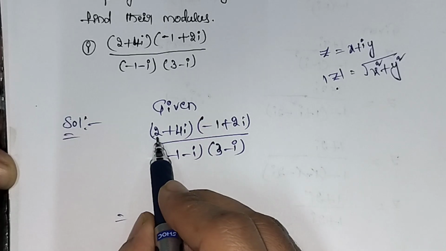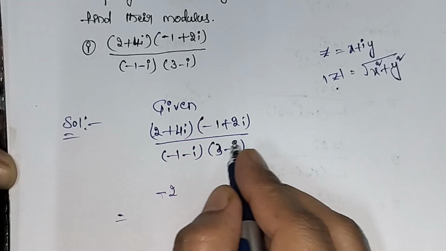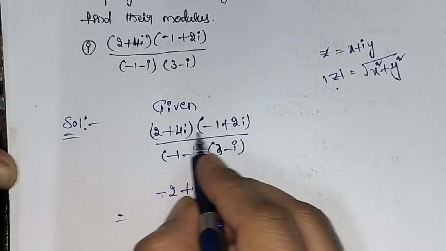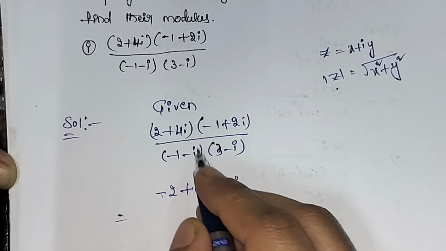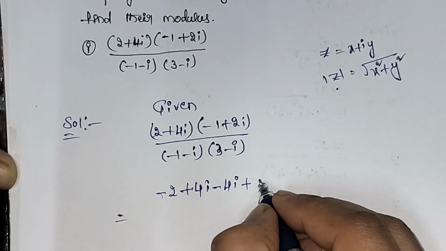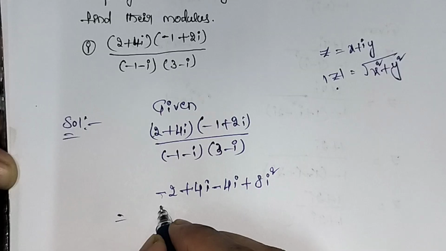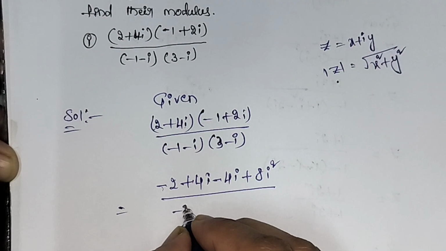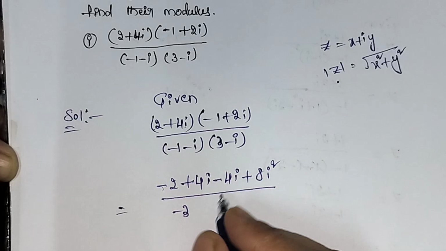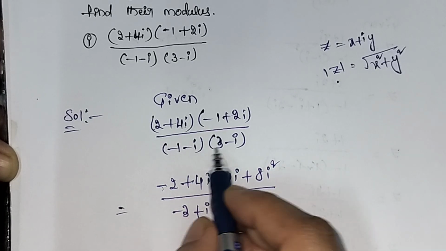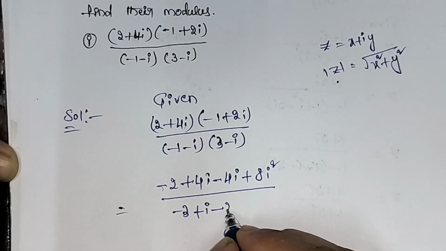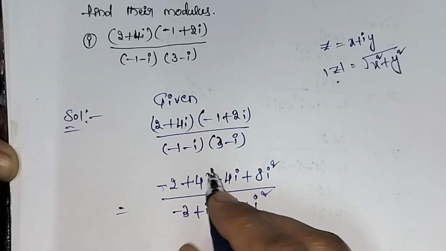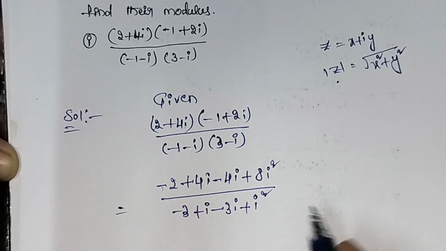That equals 2 into minus 1 minus 2, 2 into 2i plus 4i, 4i into minus 1 minus 4i, 4i into 2i plus 8i square, by minus 1 into 3 minus 3i, minus 1 into minus i plus i, minus i into 3 minus 3i, minus into minus plus i square, minus i into minus i plus i square.